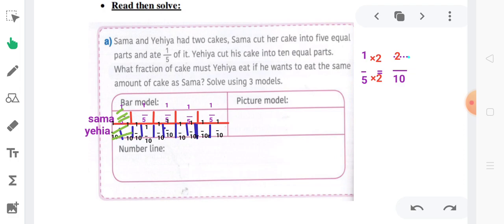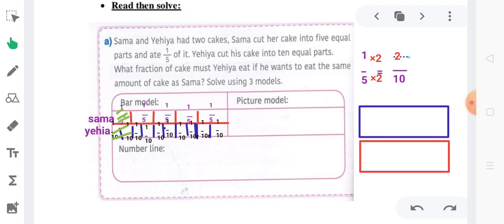Okay, let's see how we can do the picture model. Draw anything, square or rectangle or circle. I'm going to draw 2 equal rectangles, and I will divide each into 5 equal parts.